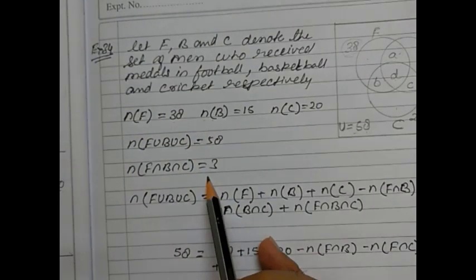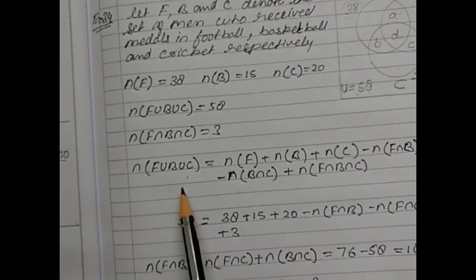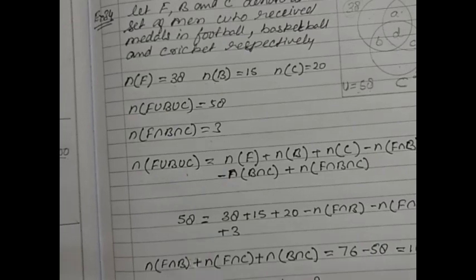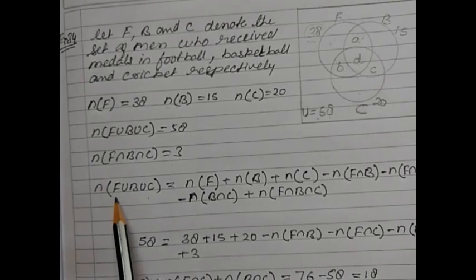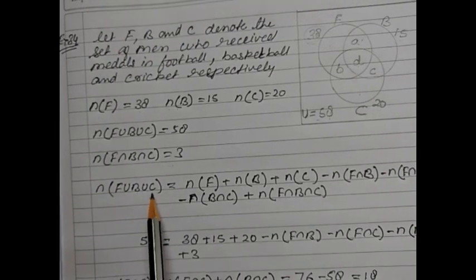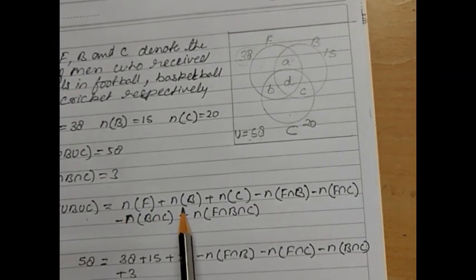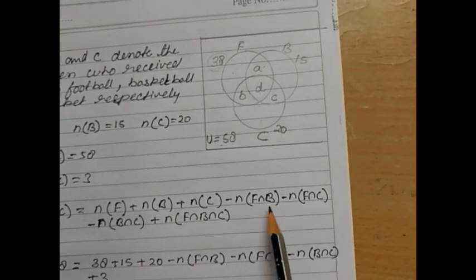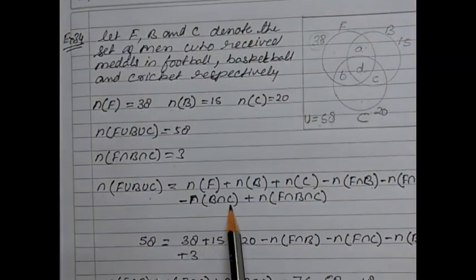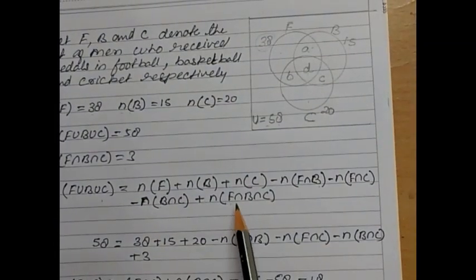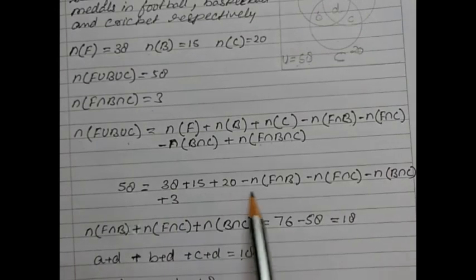And if we see the formula which we derived in the previous session, session number 8, this formula says the number of people who secured medals in football or basketball or cricket is represented by the number of people in football, basketball, cricket, minus football and basketball, football and cricket, and basketball and cricket, plus football and basketball and cricket, isn't it? The numbers are already given, so we have written it in this manner.